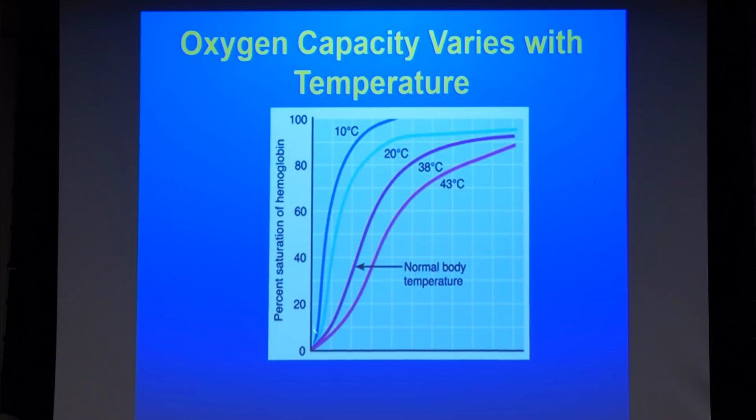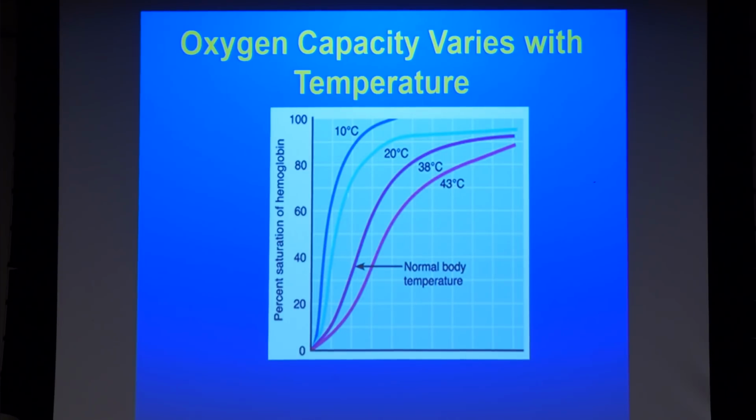So this tells you, if you go to a particular partial pressure, let's choose this one, you're only less than 70% saturated at 43 degrees, but should be over 80% saturated at body temperature. Similarly, if you cool the blood, if you cool the hemoglobin, so that those iron atoms are not vibrating as rapidly, then they're going to hold on to those oxygen atoms more tightly.